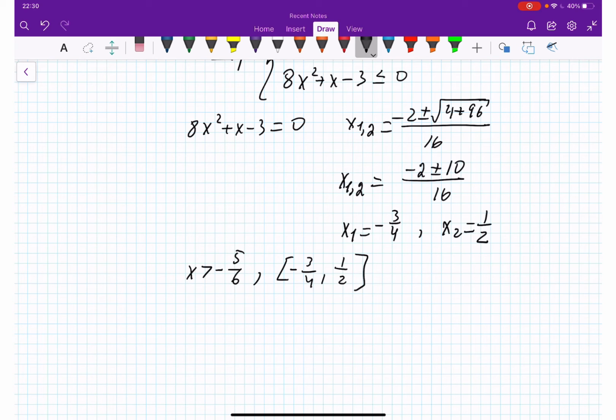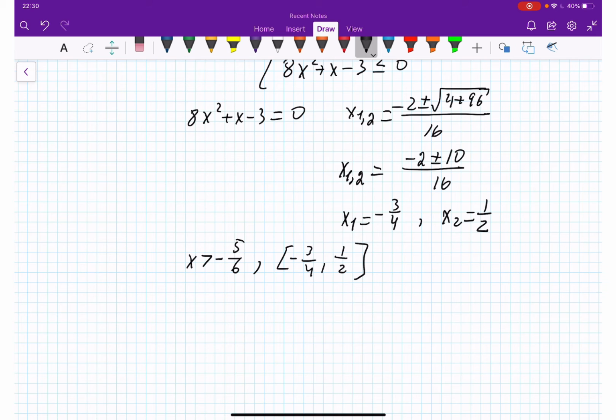Greater than negative 5 over 6 falls between negative 3/4 and 1/2, the common area. Therefore, the solution for this case is x belongs to negative 3/4 and 1/2.